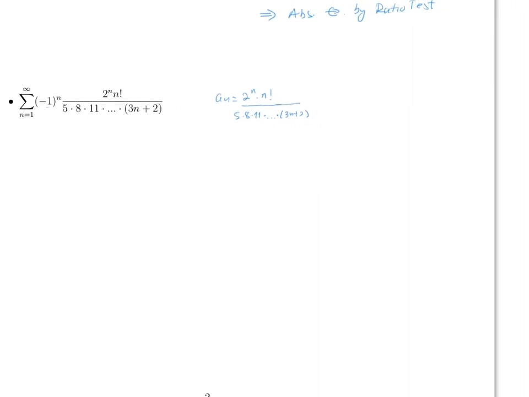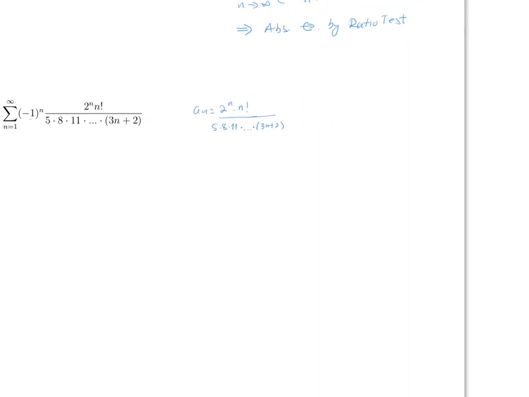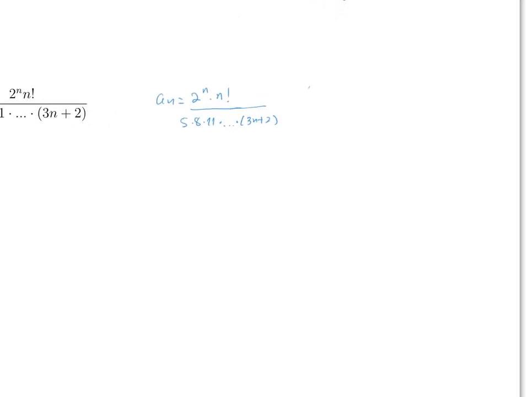Okay, so here you have to be careful what is the next value. So therefore, a n plus 1 is going to be 2 to the n plus 1, because remember, you replace n by n plus 1.